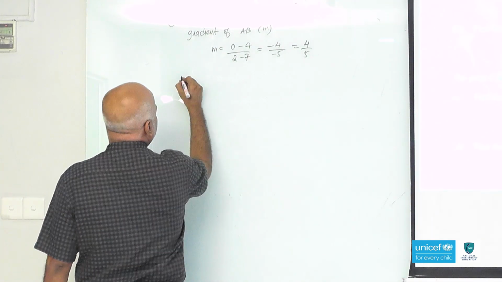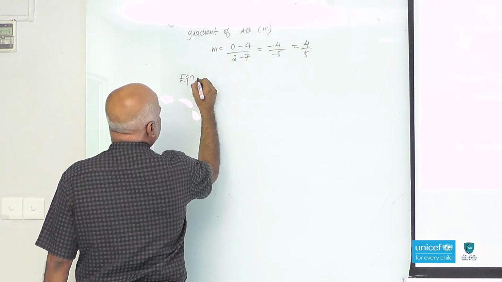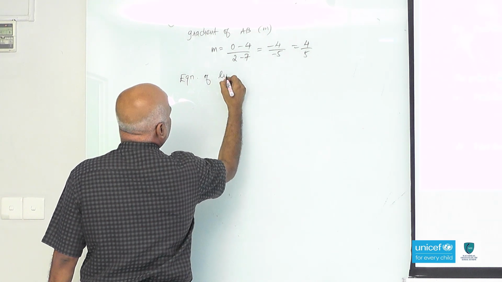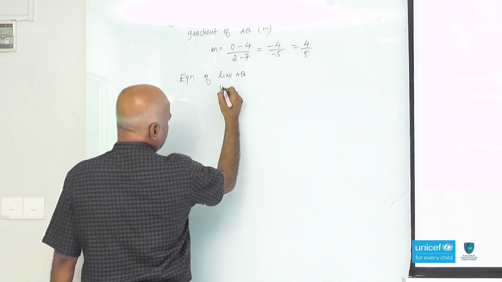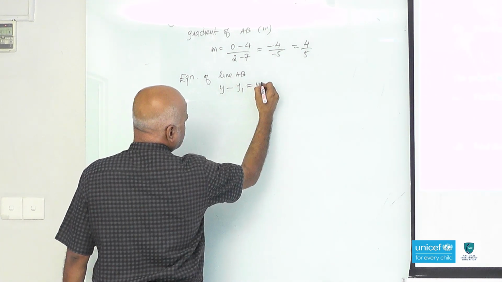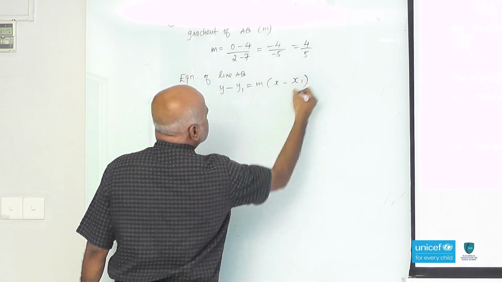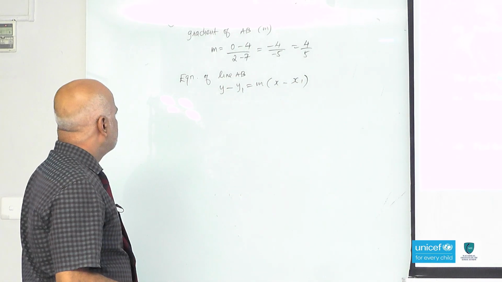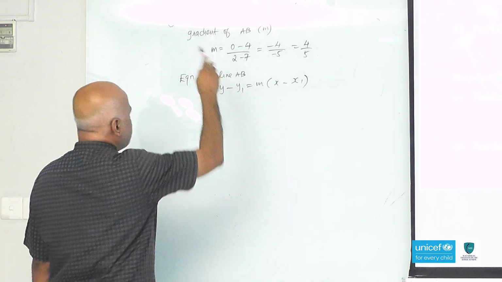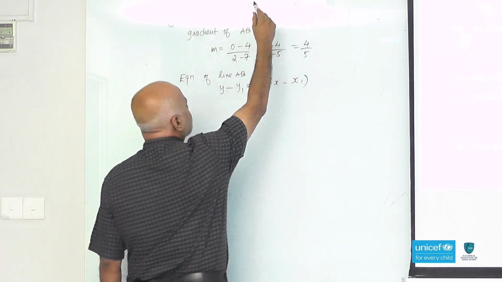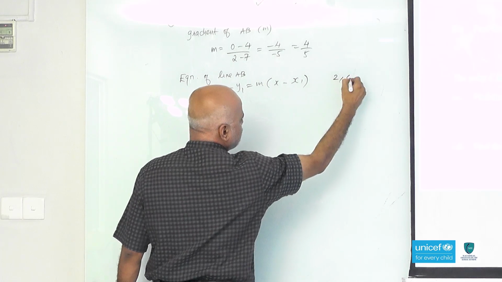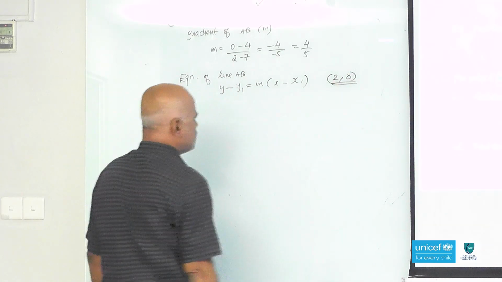Then equation of line AB, writing the formula is worth, I said, as m into x minus x1. So I prefer to take any point I can take for passing through point. I prefer to take 2 comma 0 because the calculation would be easy for us. So I will write beside the point.